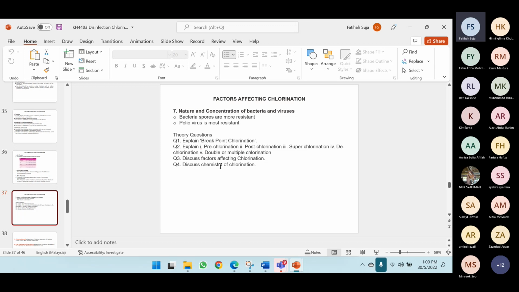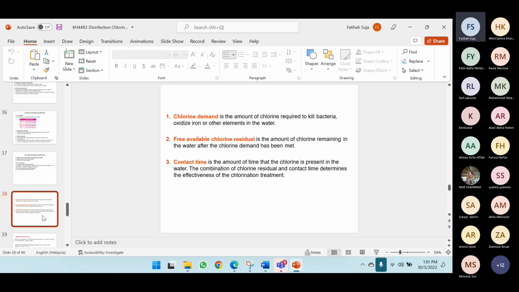Discuss factors affecting chlorination, and you need to discuss the chemistry of chlorination. What is the power of this oxygen? How do they attack the lipid cells? And also how this chlorine destroys the pathogenic microorganisms, the mechanisms.